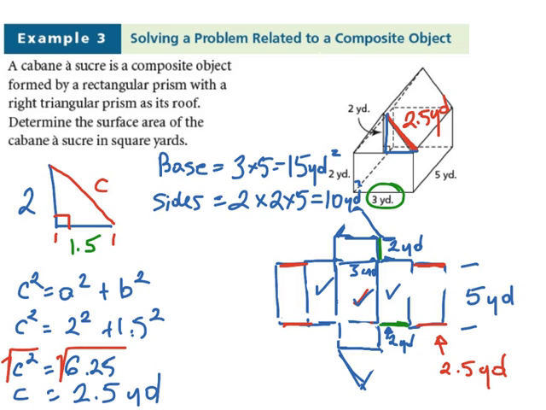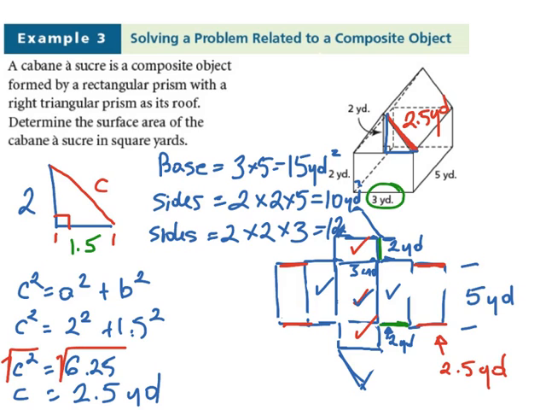The dimensions are 2 by 3, and there are 2 of them. So there are different sides. There's 2 of them, and the dimensions are 2 yards by 3 yards, which is 2 times 3 times 2, 12 yards squared. So the sides are done.